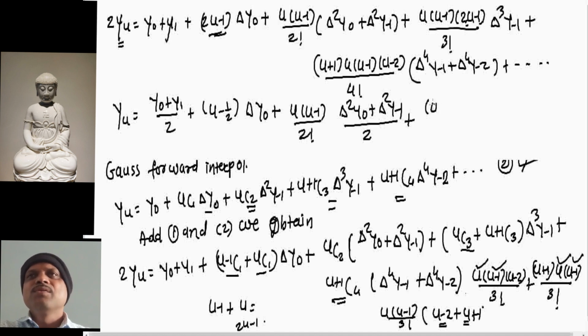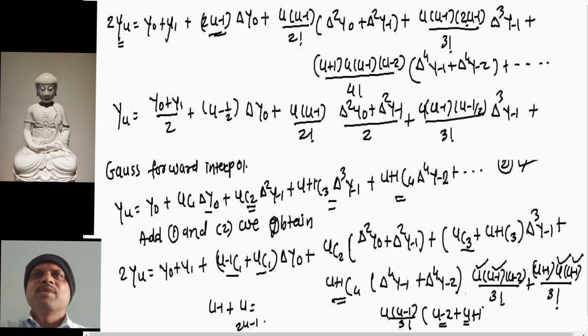So, u into (u minus 1) into (u minus 1 by 2) divided by 3 factorial into delta cube y at minus 1, plus the next term.